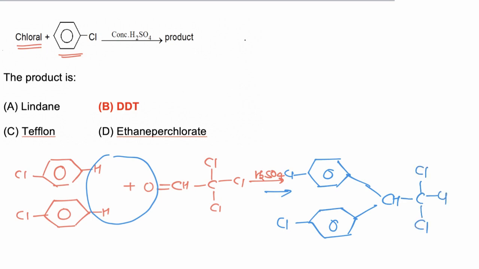Now this molecule is called DDT, dichloro diphenyl trichloroethane, which is used as a pesticide. So the correct answer is B.